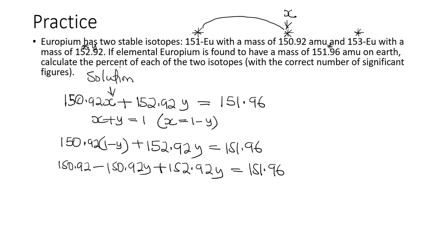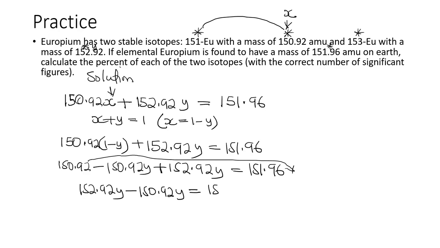I put the y's together. 152.92y minus 150.92y is equal to, I move this one to this side, it becomes a negative, 151.96 minus 150.92.